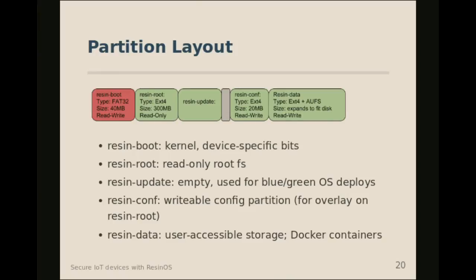And then there's a data partition that will expand to fill the rest of the media. So if you're doing something really data intensive on a Raspberry Pi for some reason and you want a 64 gig flash card, you'll get almost 64 gigs. I guess you would get about 63 gigs of available read-write data storage. That's where we put the Docker containers. And if you want to mount volumes, etc., as part of your application, they'll be stored there, so they persist across reboots, across updates, etc.